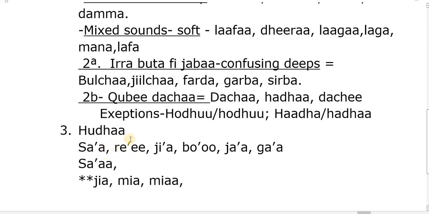The other most important rule in Oromo is huda, that is apostrophe. Apostrophe in English is to show ownership or possession, and also to write contracted sounds like he's, and so on, or like Tesfaye's, Abbebe's, Jones's, and so on.